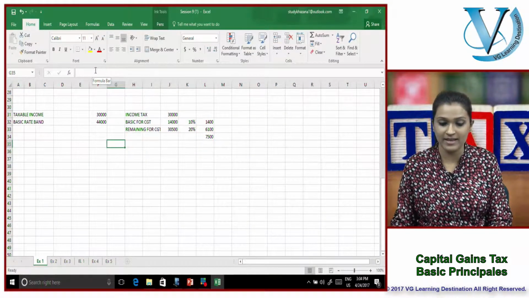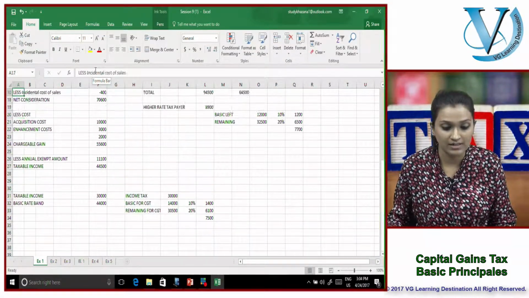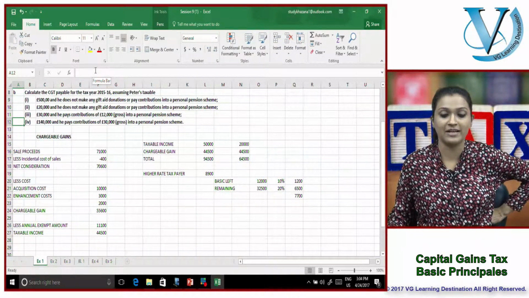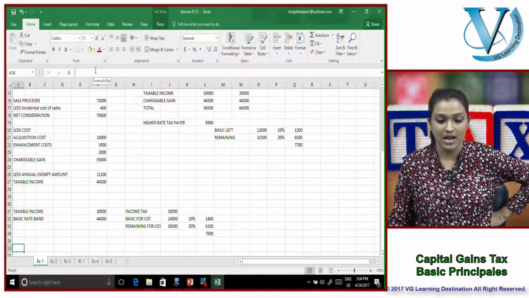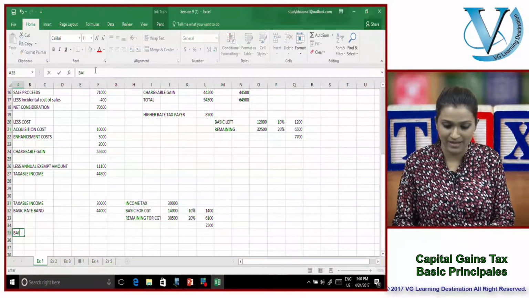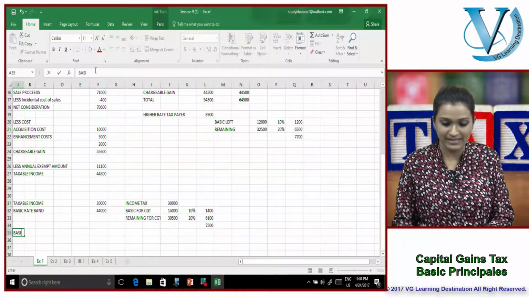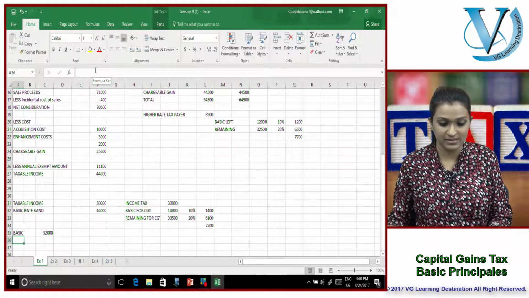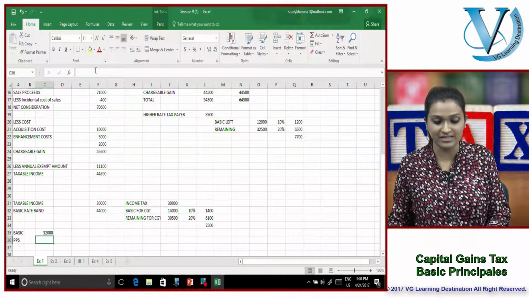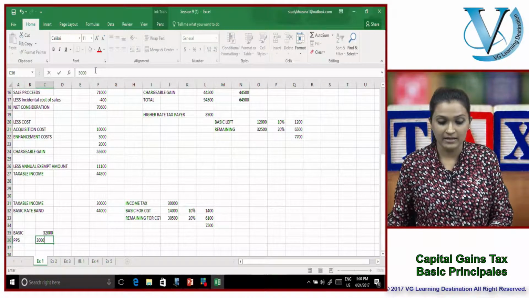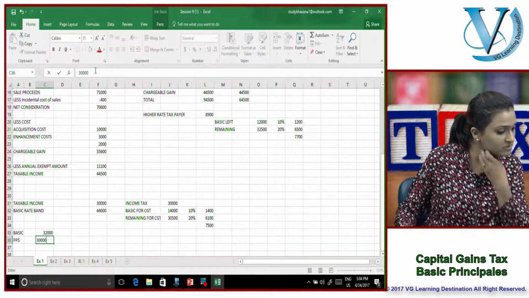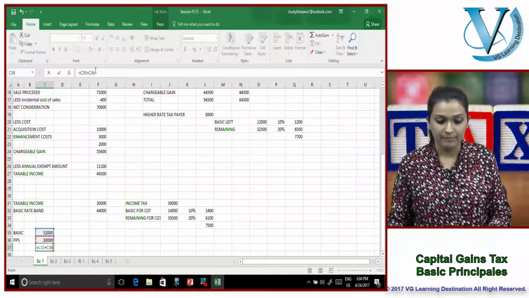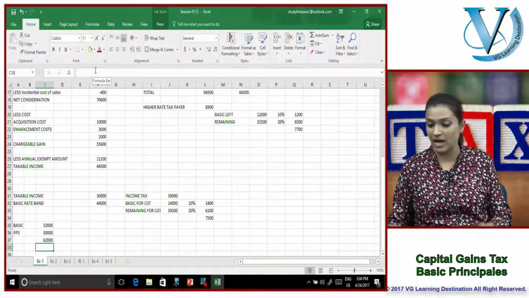Also, let's have a look at the next part, which is what? Let's have a look at the question. 140,000 pounds and pays contribution of 30,000 pounds to personal pension scheme. Now, pension scheme, your basic rate band was how much? The basic rate band was 32,000 pounds. Having made a personal pension scheme contribution, it results in an extension by how much? 30,000 pounds, right? Thus resulting in my basic rate band being 62,000 pounds.